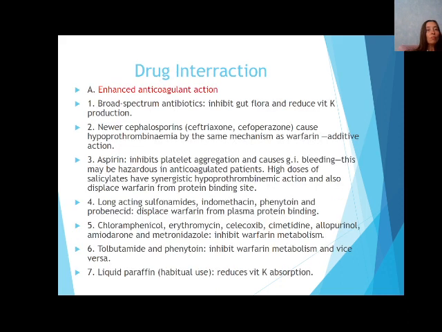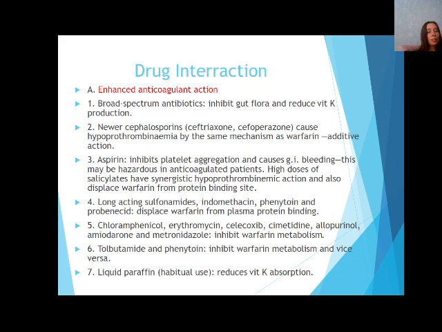Drug interaction, again: some drugs can increase or decrease effects of warfarin. Enhanced anticoagulant action can be due to broad-spectrum antibiotics, for example cephalosporins, ceftriaxone, cefoperazone. Then antiplatelets, for example aspirin.